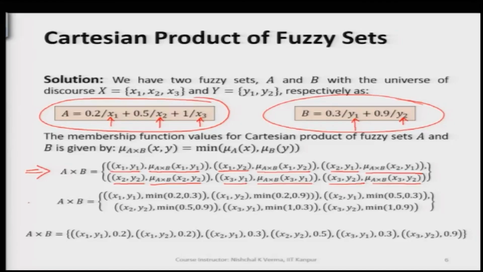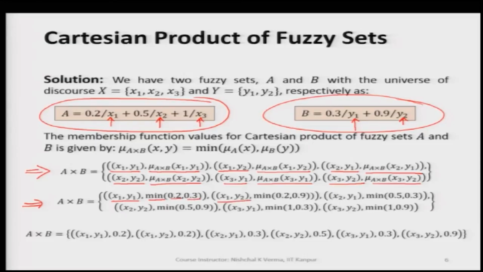Then we compute mu A cross B of x1 y1, similarly mu A cross B of x1 y2, all of these that I have just mentioned as the membership values. We use the min criteria to find the respective membership values. You see here that for x1 y1 we have to take the min of mu A of x1 and mu B of y1.